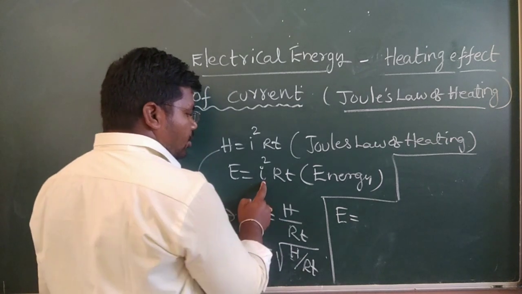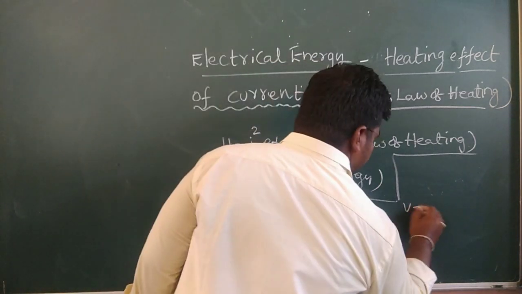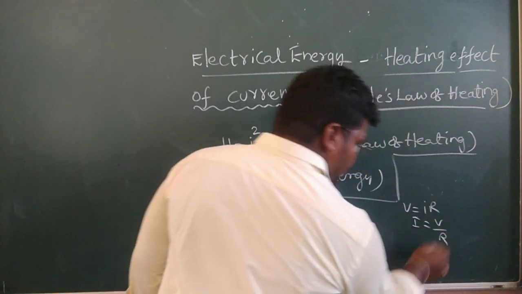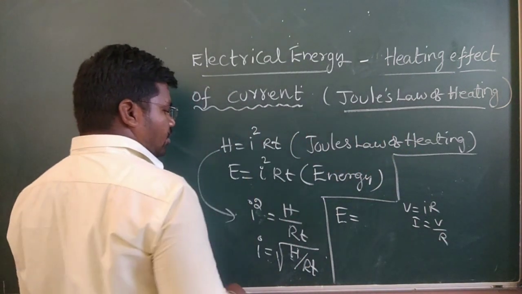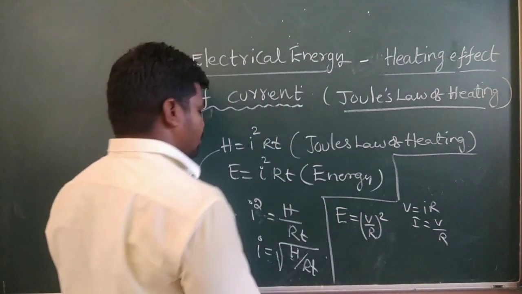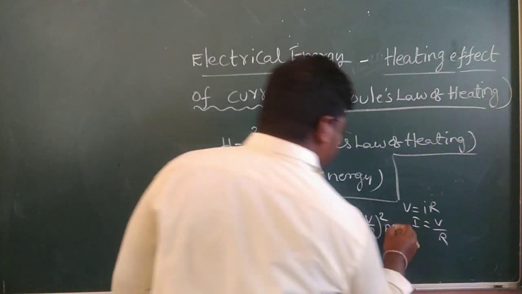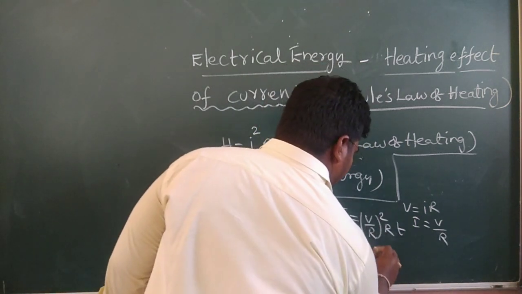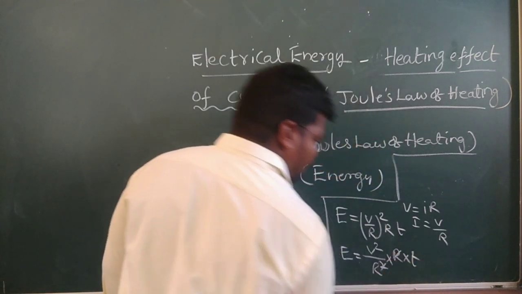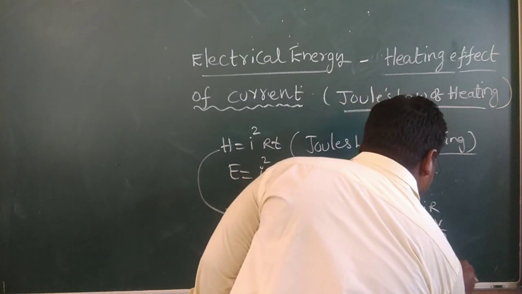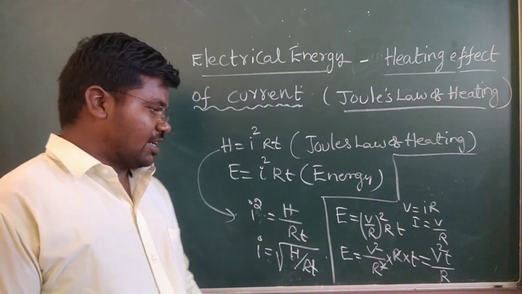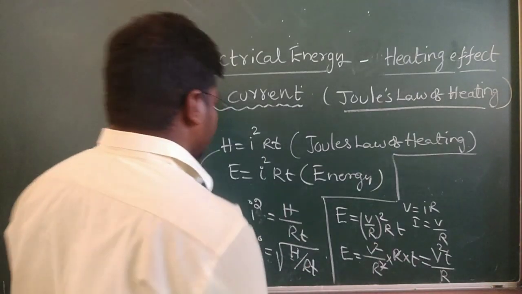According to Ohm's law, V is equal to IR, so I is equal to V by R. Substituting, E is equal to V by R whole square into R into T, which is V square by R square into R into T. R gets cancelled, and we get V square T divided by R. These are the different expressions.